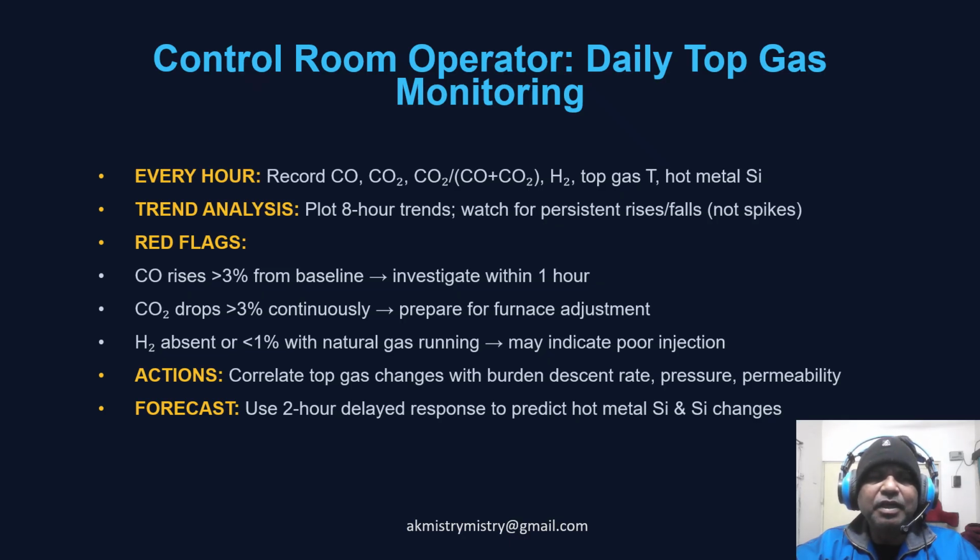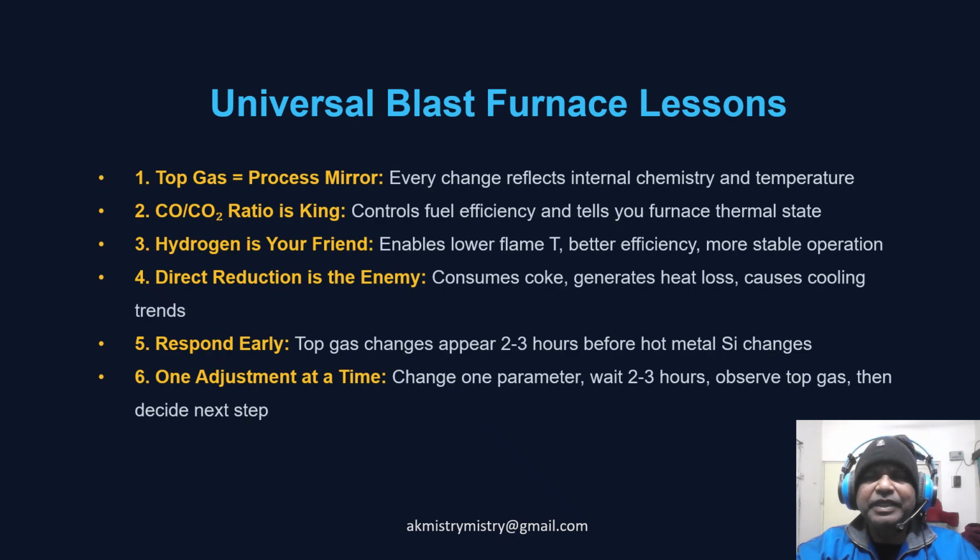Several universal lessons apply to top gas interpretation in any blast furnace. First, top gas truly acts as a process mirror. Every significant change reflects internal chemistry and temperature shifts. Second, the CO to CO2 ratio is a key indicator that links fuel efficiency to the furnace thermal state.